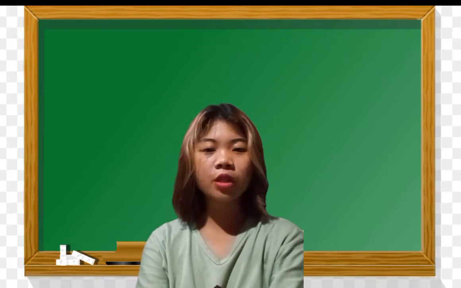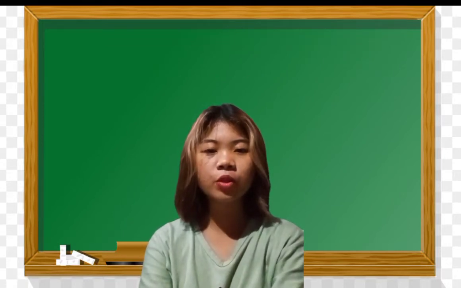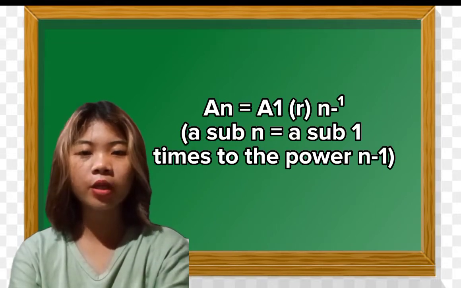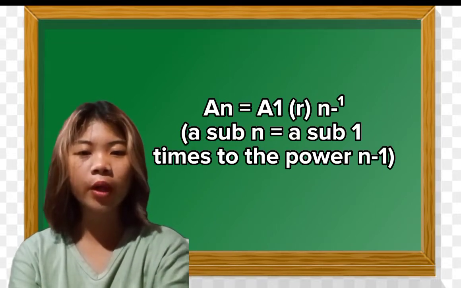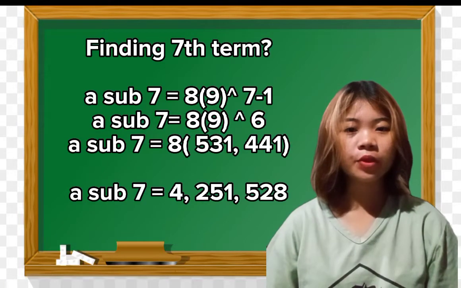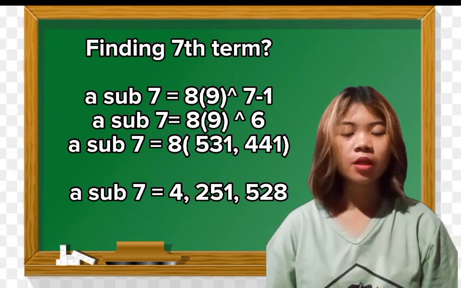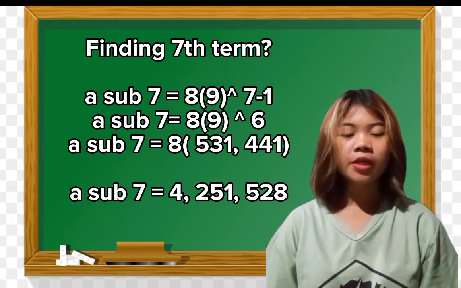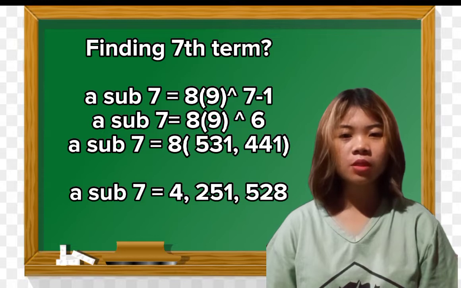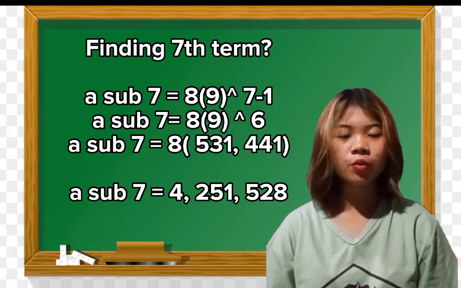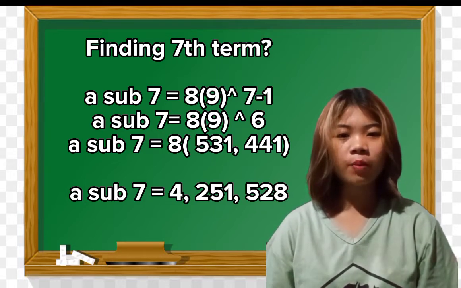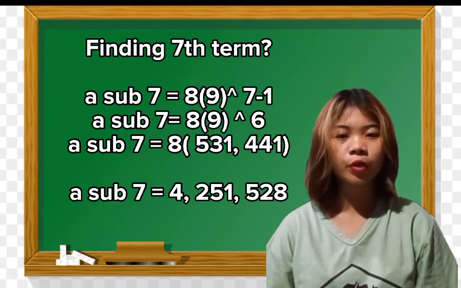Now we can proceed to get our seventh term using the formula a sub n equals a sub 1 times r to the power of n minus 1. Let's substitute all the given terms, which is a sub 7 equals 8 times 9 to the power of 7 minus 1. A sub 7 equals 8 times 9 to the power of 6 equals 531,441.